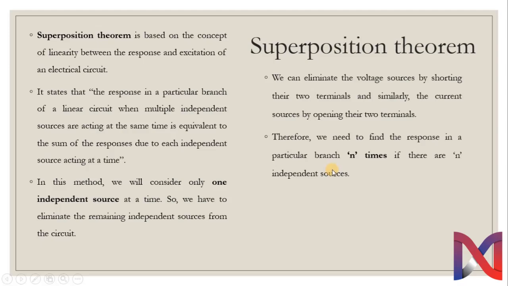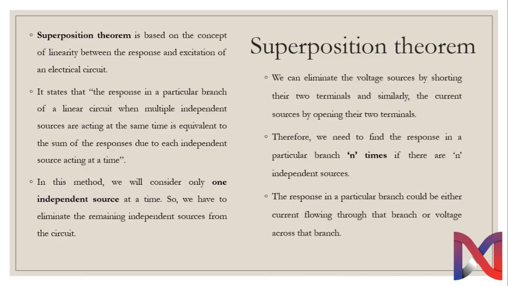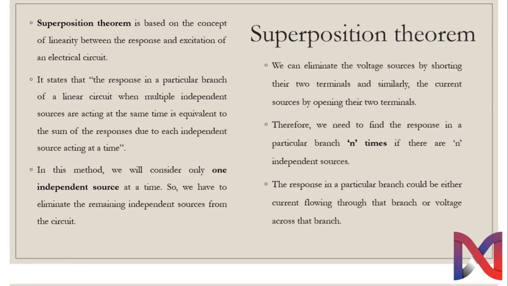For example, if there are 3 or 4 independent sources in the circuit, then we have to find the response of a particular branch through which we are required to find a specific parameter. We have to perform n number of responses on that particular branch. The response in a particular branch could be either current flowing through that branch or voltage across that branch.